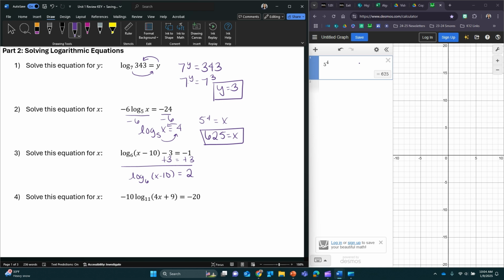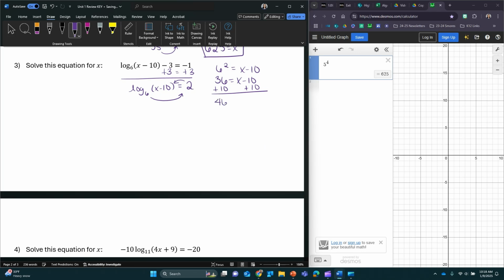Now that my logarithm is isolated, I can go ahead and rewrite this in exponential form. So when I do that, that's going to give me 6 to the 2 is equal to x minus 10. Well, 6 to the 2 power, that's just 6 squared, right? That's 36. 36 equals x minus 10. So now to solve for x, I'm going to go ahead and add 10 to both sides, which gives us 46 is equal to x.